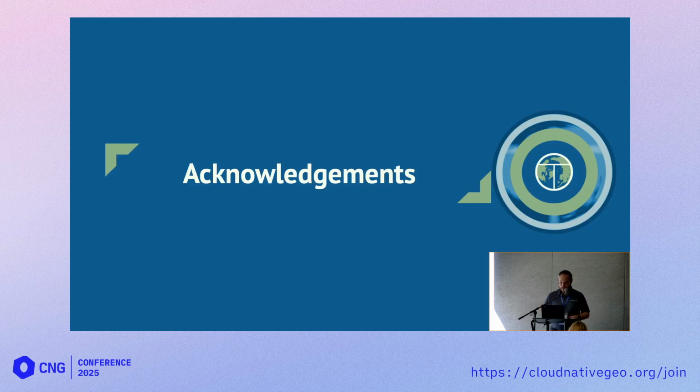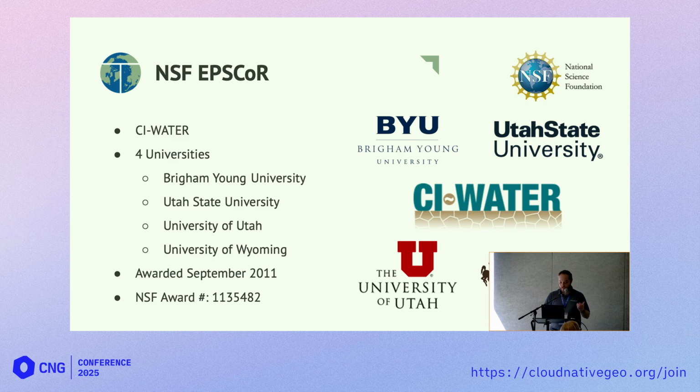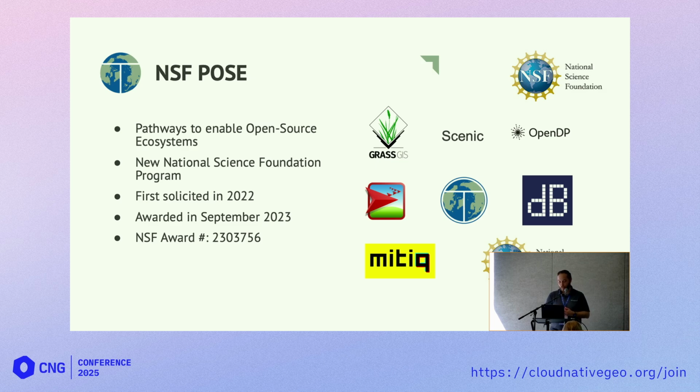So I'll just give a few acknowledgments. Tethys Platform has been funded on not 1 but 2 NSF grants. The original grant during my PhD was an EPSCoR grant called CI Water, and funded the original development of Tethys Platform. More recently, we were awarded an NSF POSE, Pathways to Enable Open Source Ecosystems grant, that's really helping us build our community rather than the software, so that they can build the software, right?